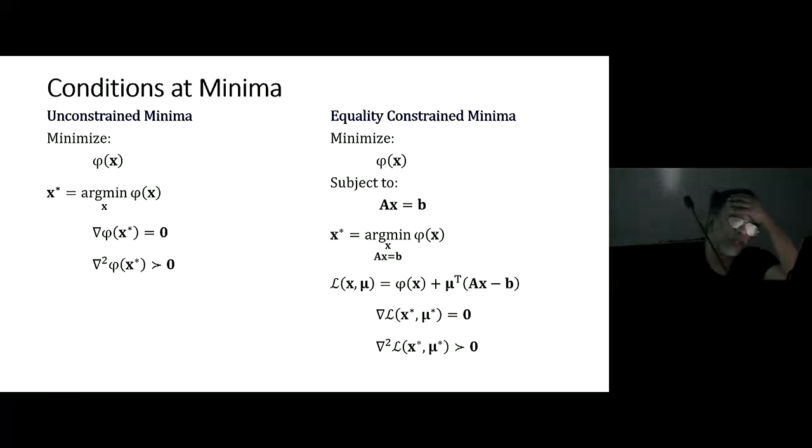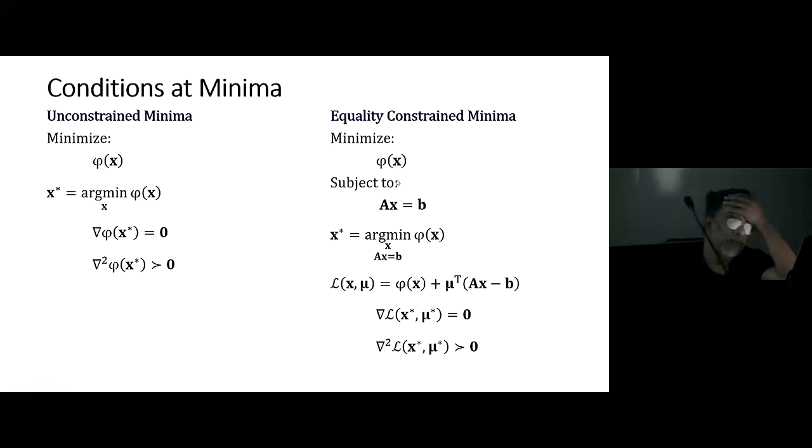You might not know this, but we use this in this lecture. We construct a Lagrangian function, and it contains X and mu, which is a dual vector or variable. So we have a primal variable and a dual variable.